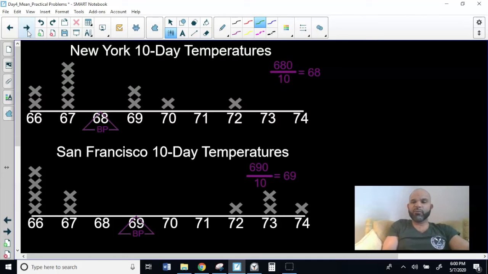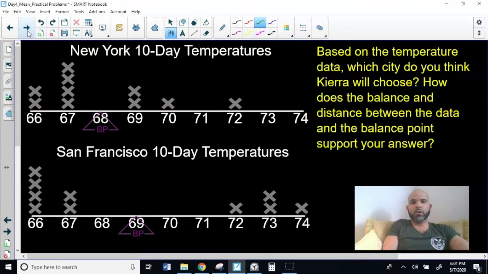So there's really not much to go by if you're just giving her some advice or thinking which one she will choose. It's only a 1 degree difference. So let's take it a step further and let's talk about the distribution of the data. Okay, so we're gonna answer the question, right?